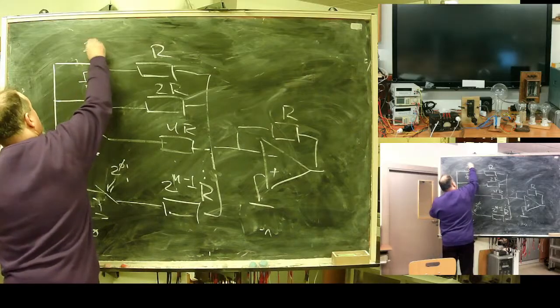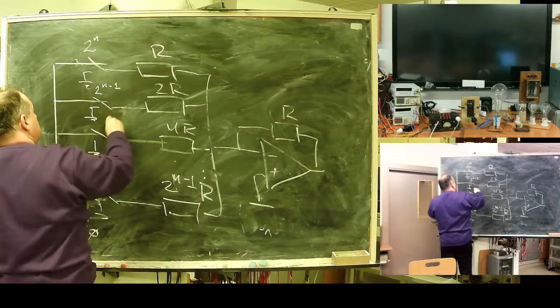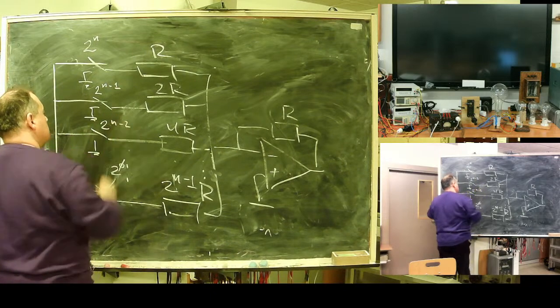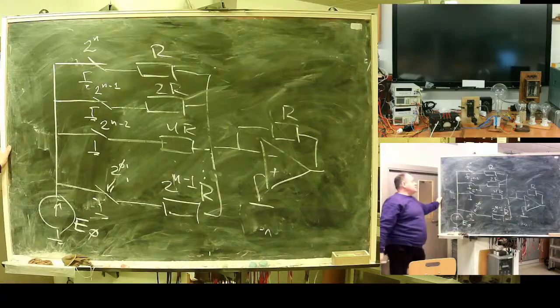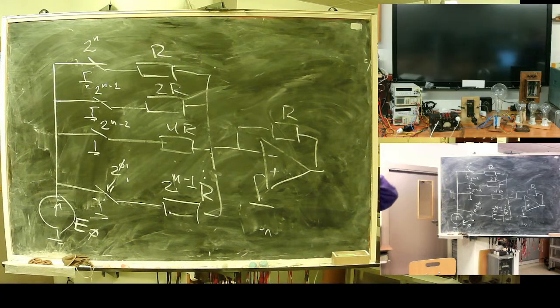This one 2 power n, 2 power n minus 1, 2 power n minus 2, and so on. The switches are activated by bits of the input digit.